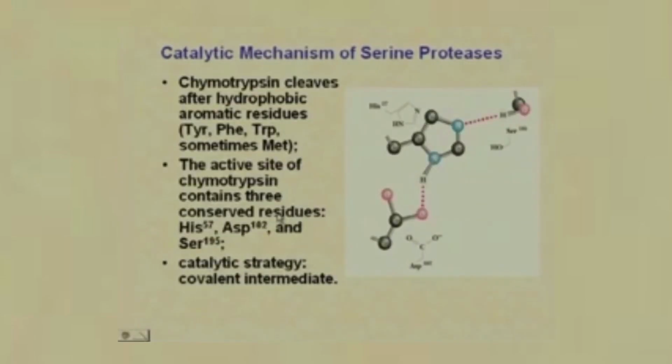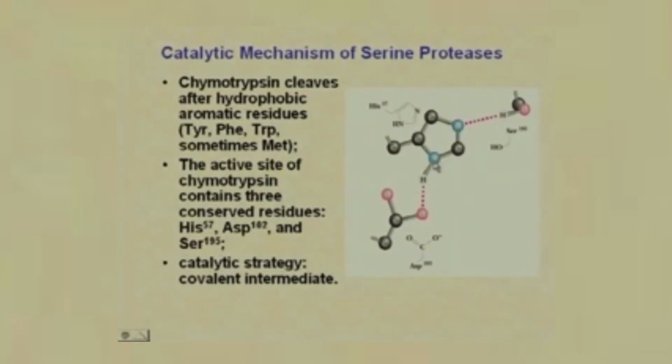Okay, now let's go in detail. What happens here is we have three important residues. These three are histidine 57, serine 195 and aspartic acid 102. You see the aspartic acid here, COO. This is histidine. What is histidine?